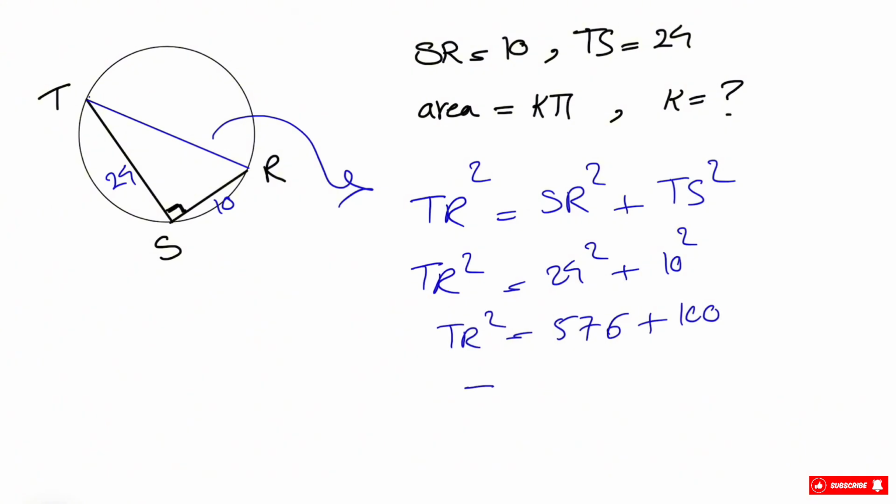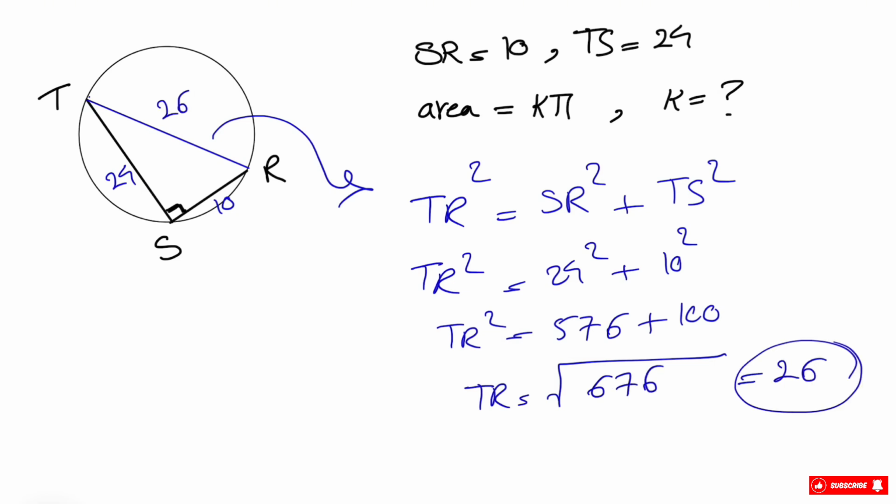And if we want to find TR, we will have the square root of 676, which will be 26.